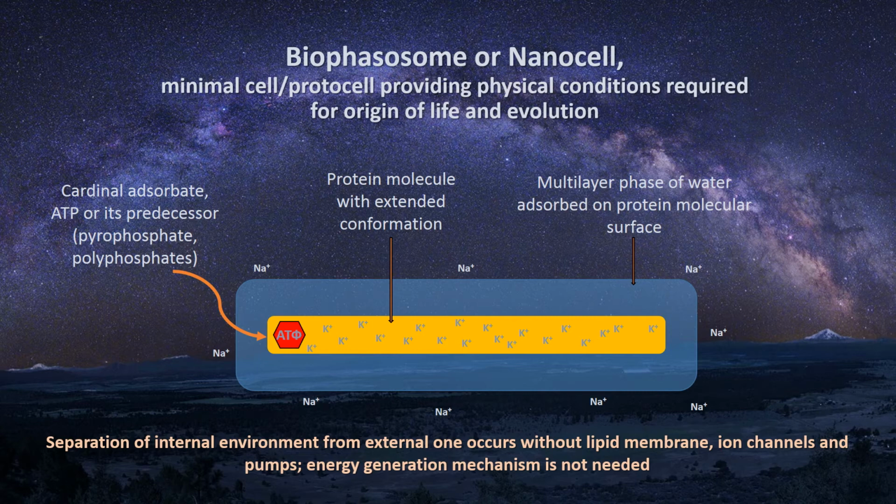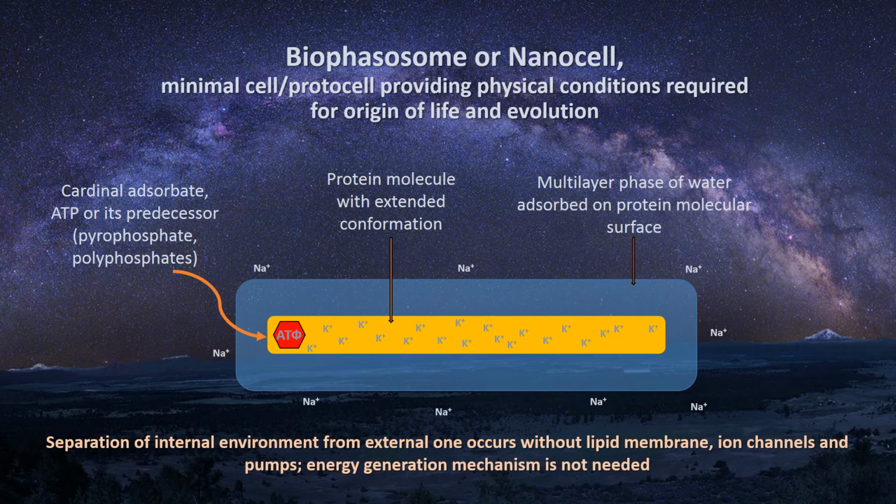As I said, nanocell structure is controlled by cardinal adsorbates. Once ATP is split, the polypeptide changes its conformation and secondary structures appear. After that, the polypeptide loses its ability to adsorb water. The phase of adsorbed water collapses.